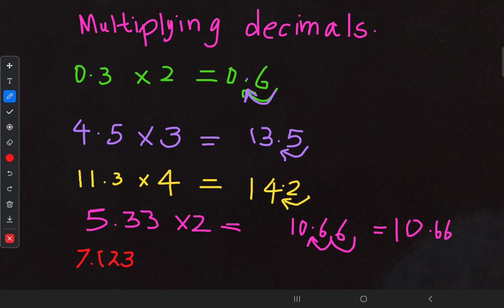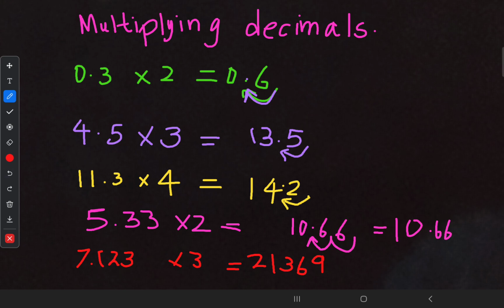One last example. 7.123 multiplied with 3. So let's multiply. When you multiply this by number 3, that will give you 21369. But here you can see after the decimal point there are 1, 2, 3.